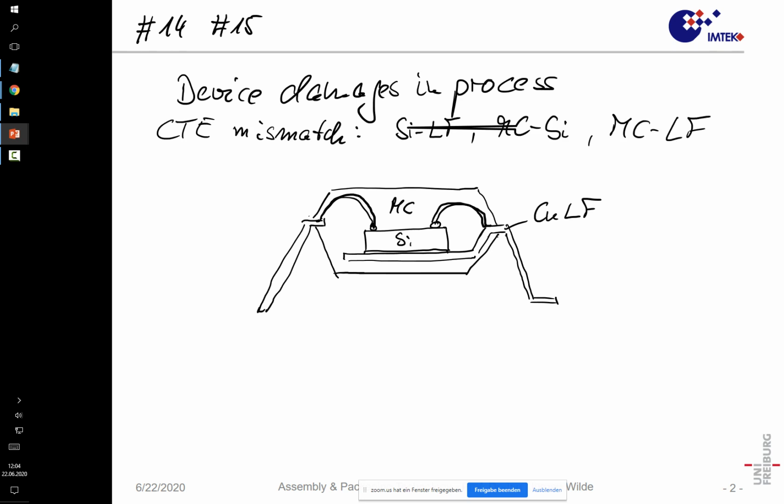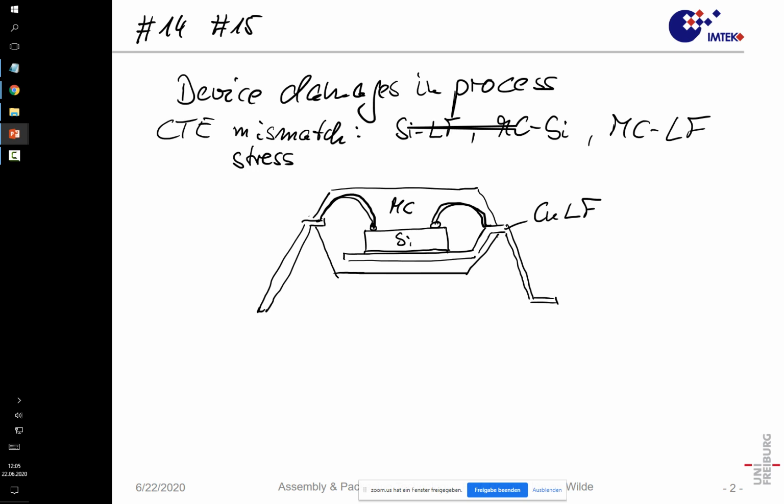So that silicon lead frame mismatch is not our concern today because it's typically a damage between the molding compound and the other components. And in that way, what's the consequence of mismatch? The consequence is mainly stress.